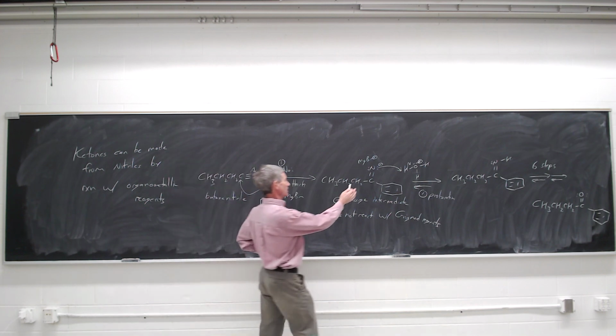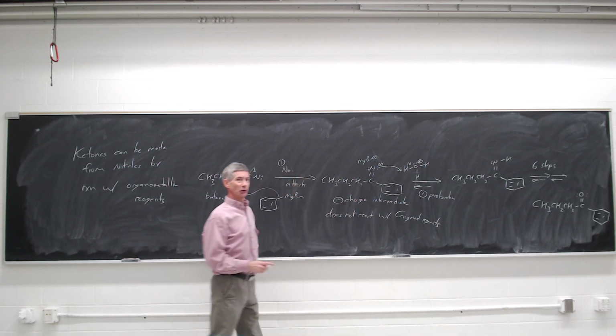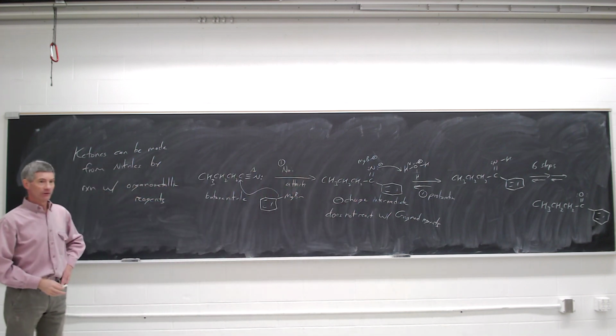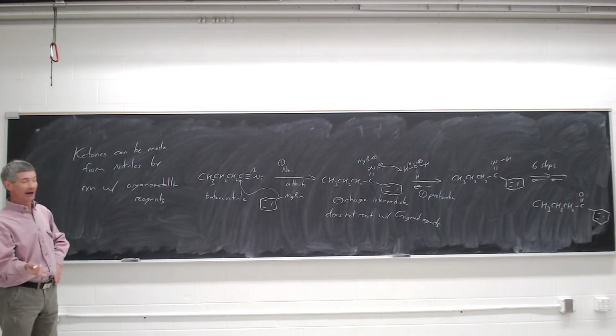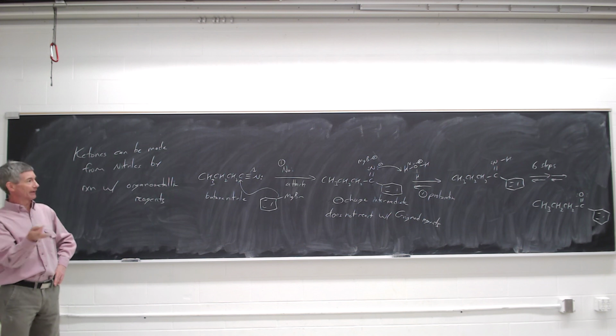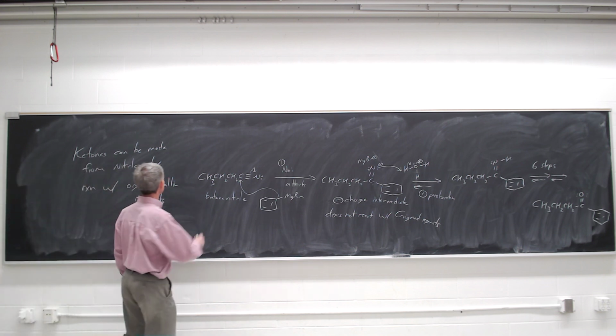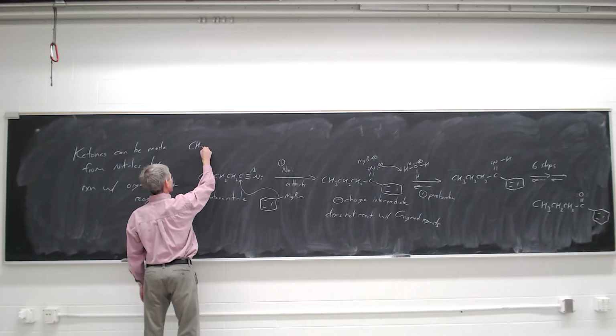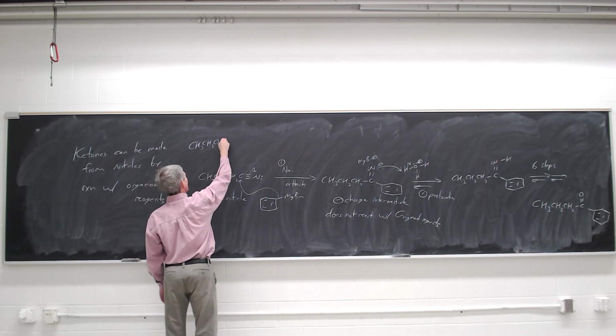It's because the negatively charged intermediate is the terminal step of the reaction of the organometallic, and then aqueous acid protonates that and then hydrolyzes it to the ketone. So the overall reaction would look like this.